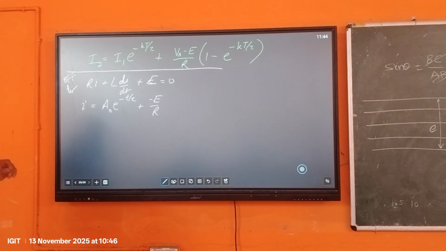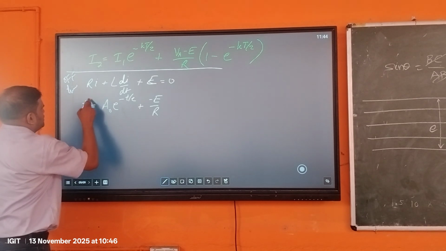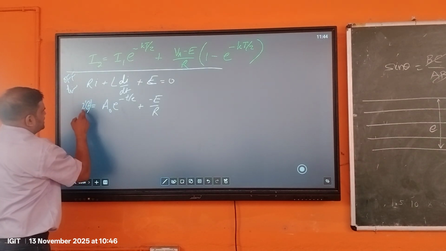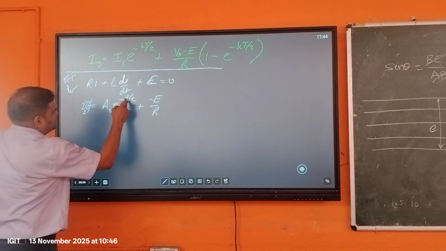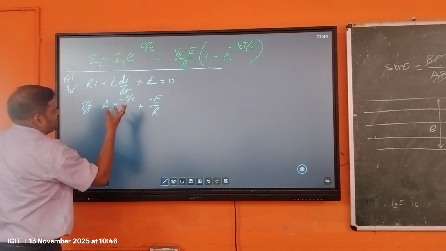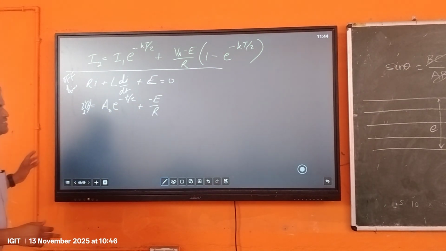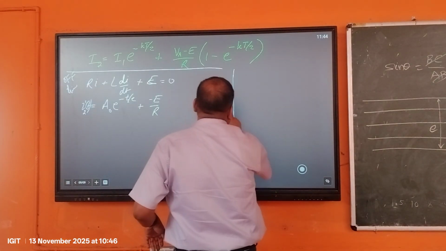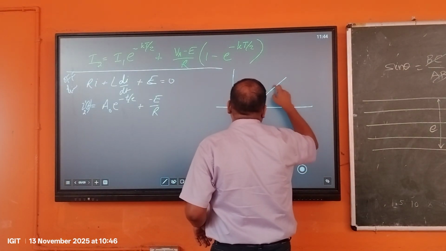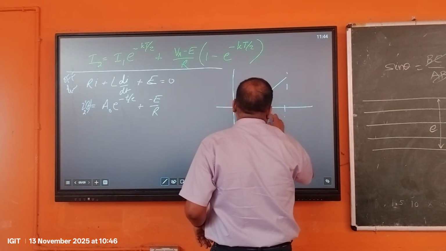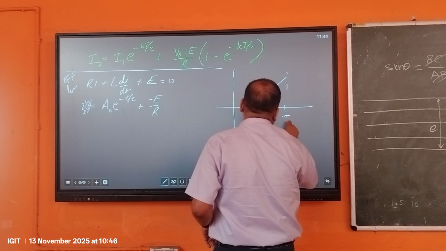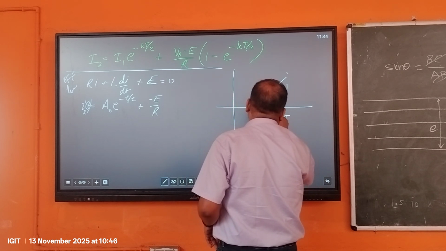Correct? And we can give a different representation of I2, writing T2 here. We can write like this also, just to simplify that this is the time when it is off time. This is kt and this is t and this is the time T2.